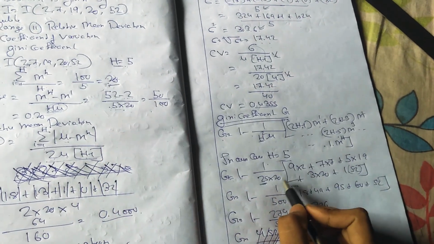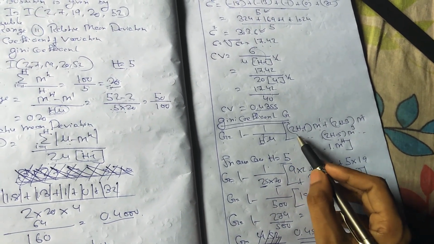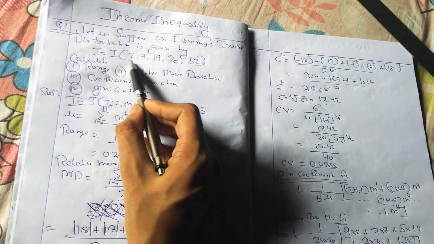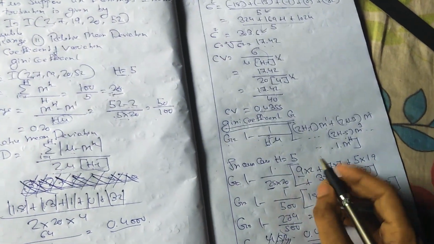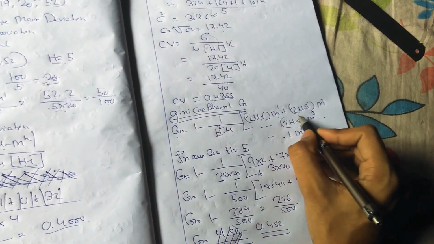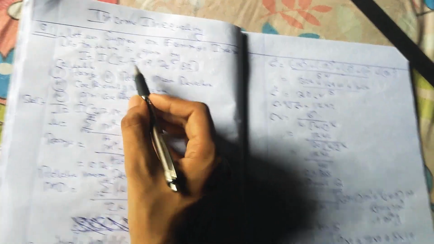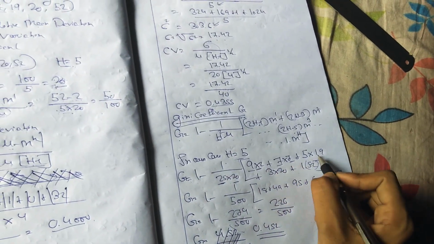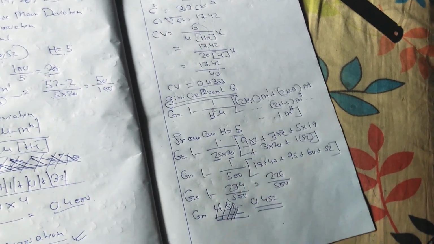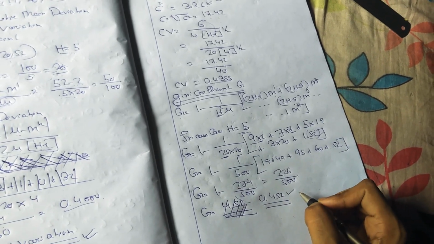Mu is 20, so we write 20. 2H minus 1, 5 into 2, 10, 10 minus 1, 9. This we have to multiply with the first income, 2. Again, 5 into 2, 10 minus 3, 7. The second income is 7. Doing it for the last income and simply solving, you will get a Gini coefficient value of 0.452.